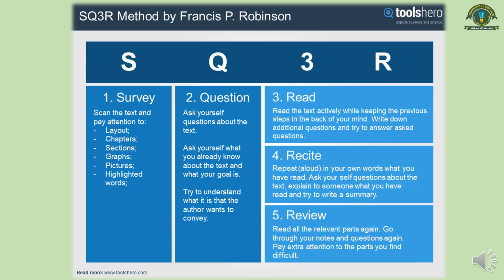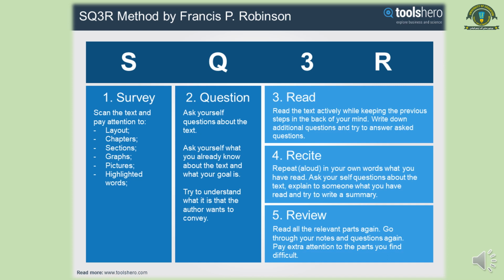First, survey, like it says: scan the text and pay attention to layout, chapters, sections, graphs, pictures, highlighted words. So you have a basic understanding. Then you have a question: ask yourself what you already know about the text, what your goal is, or try to understand what the author is conveying, or what he wants to convey.